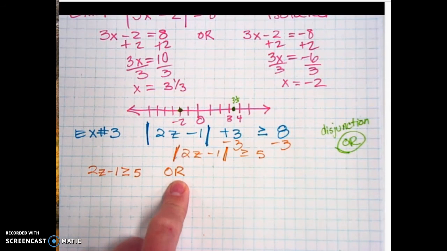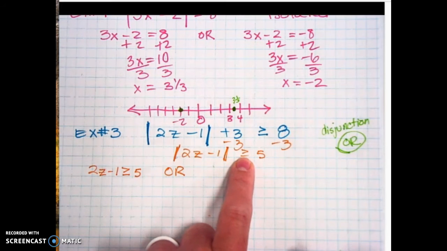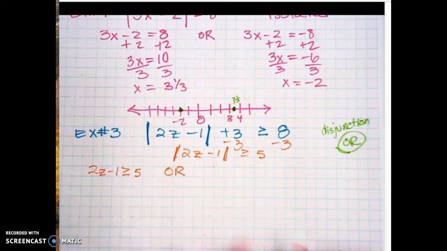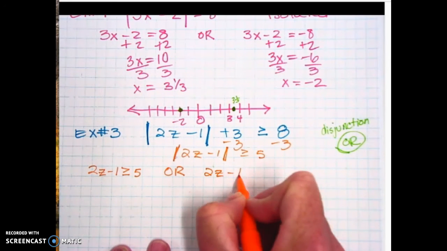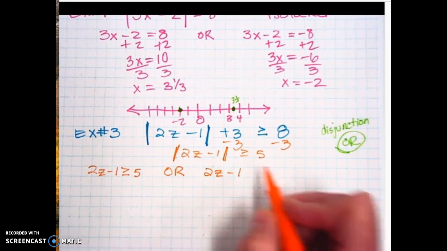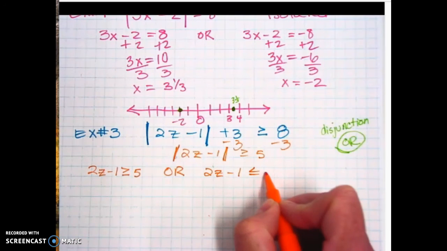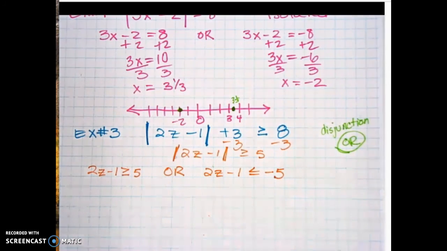For the one that comes after the word or, we're going to switch two things. We're going to reverse the inequality, and we're going to make this number negative, or the opposite of whatever it is. 2z minus 1. Reverse this inequality to less than or equal to negative 5.